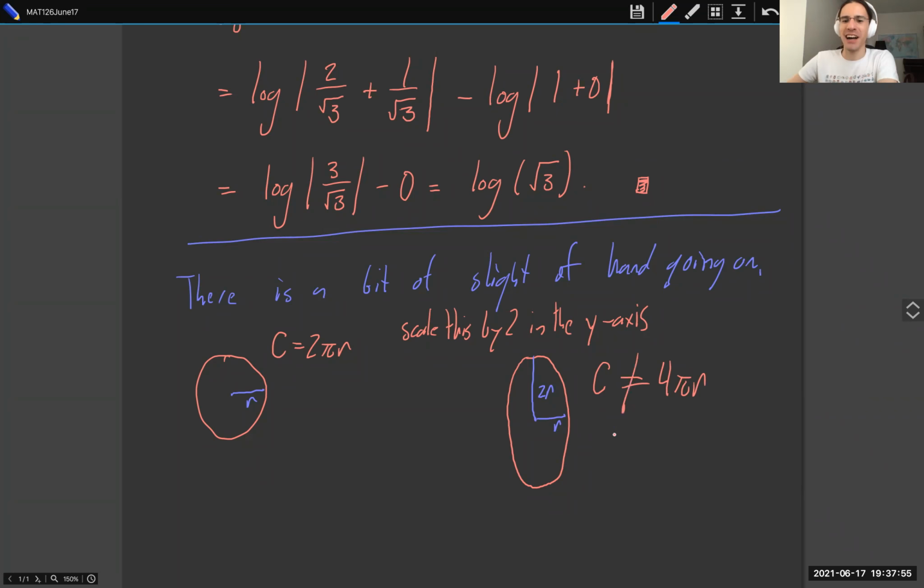And in fact, there is no elementary relationship whatsoever between these two lengths.